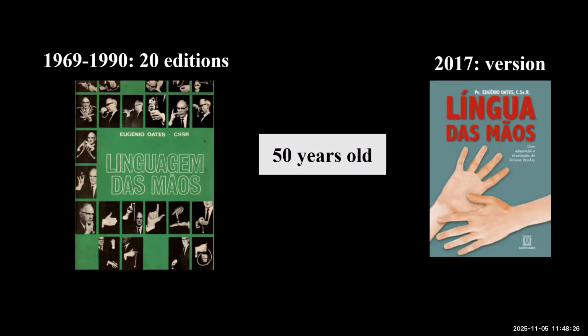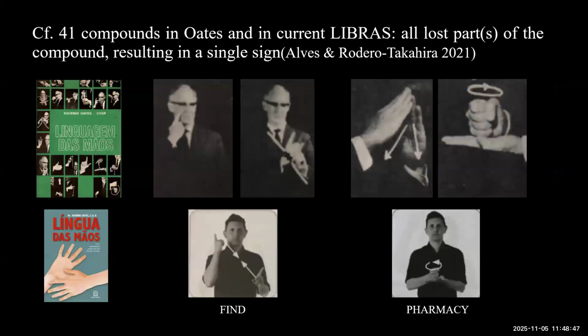And then in 2017, a new version was created, the Língua de Mouse. So this was published first in 2017. And again, these individuals looked to the Oates Dictionary and they followed some of the stylistics of that, but there are some modifications as well.